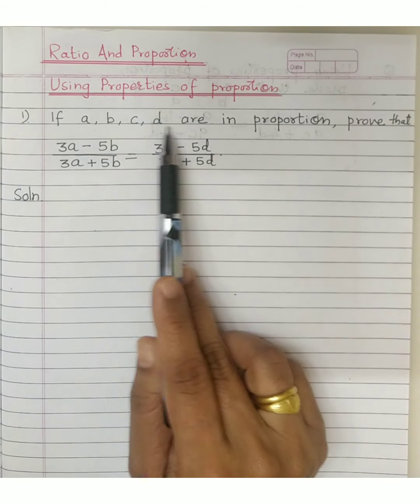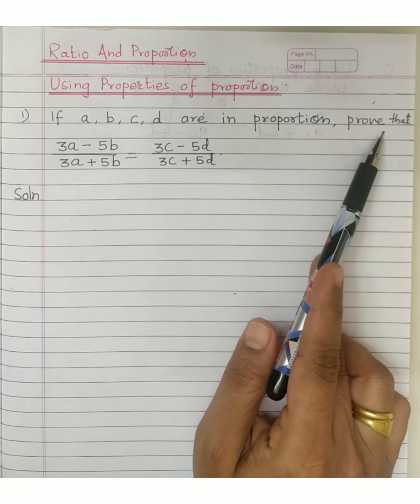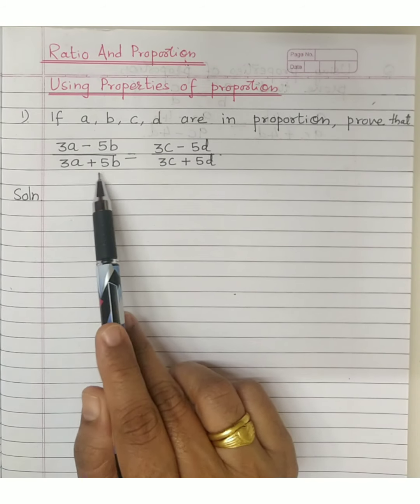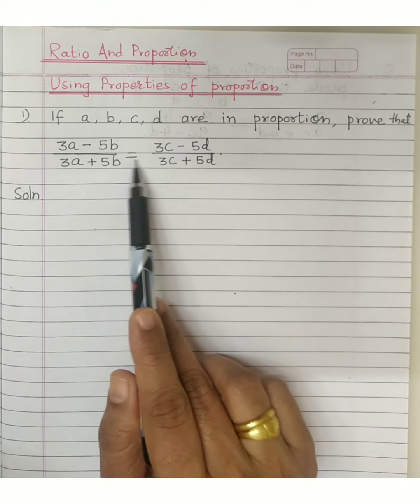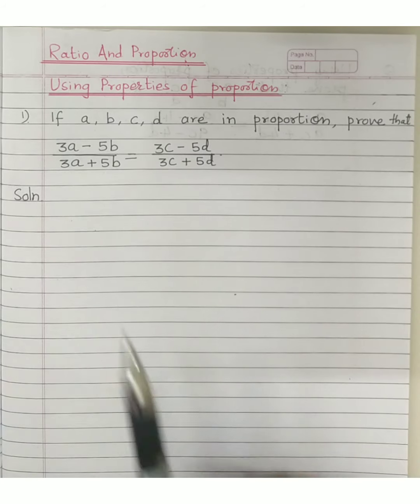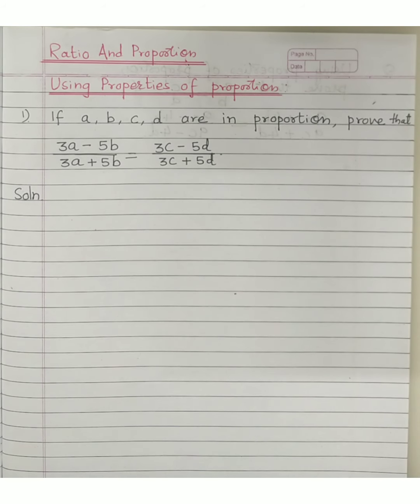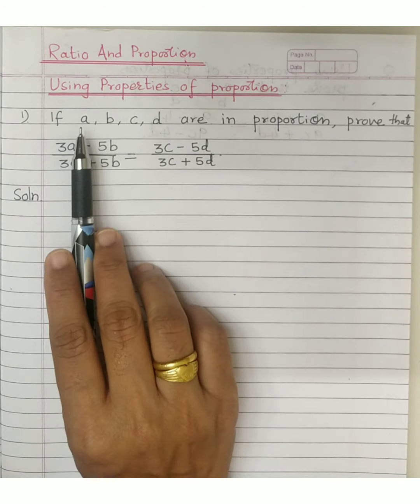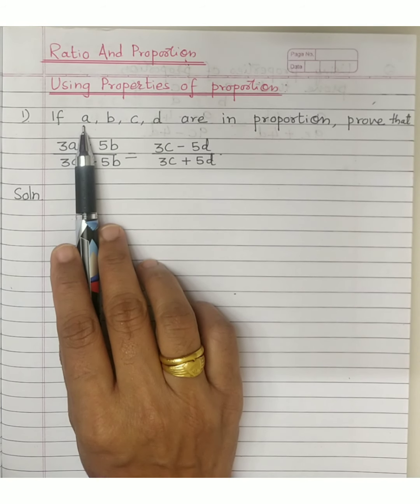If A, B, C, D are in proportion, prove that (3A minus 5B) upon (3A plus 5B) equals (3C minus 5D) upon (3C plus 5D). So first thing we have to understand is what is given and what is to be proved.